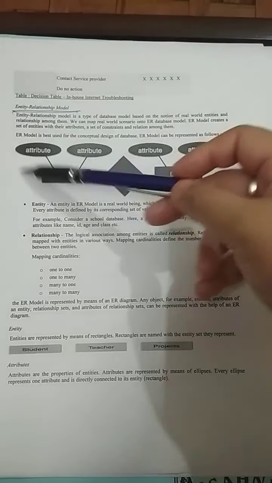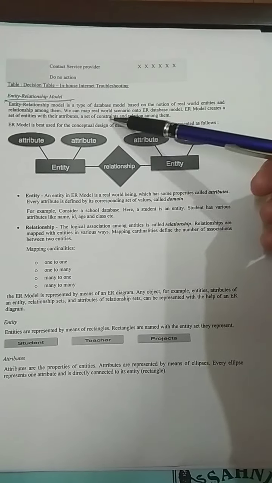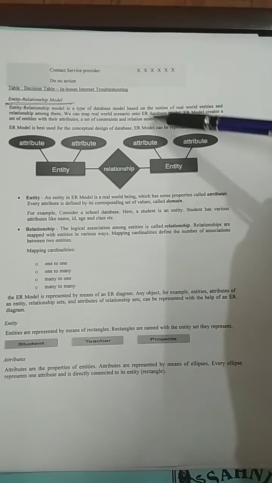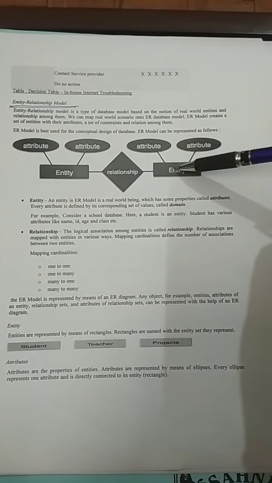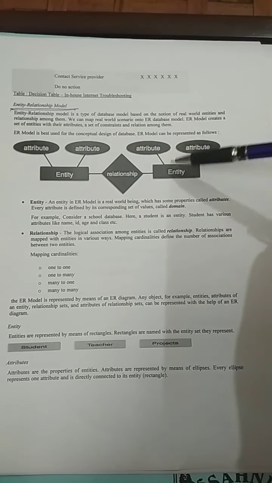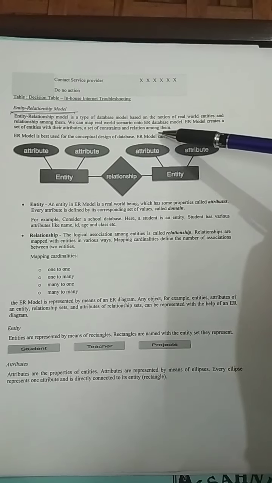So these are the attributes for the entity student, and we map the attributes to the entity, and a set of constraints and the relationships among them.